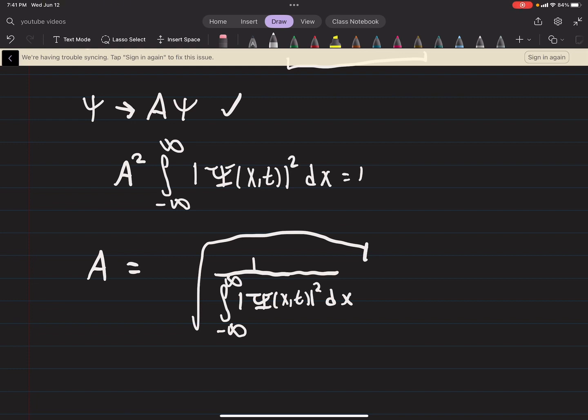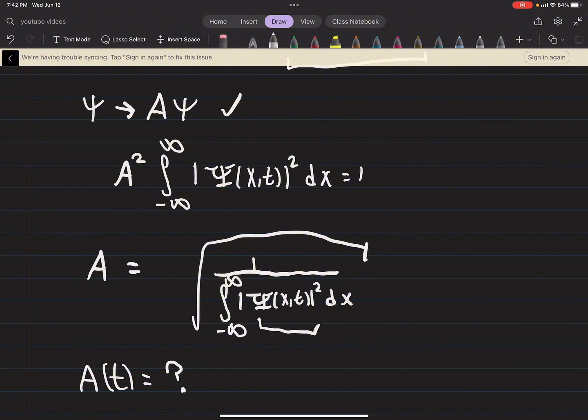Number two is, you might say, well, our wave function is a function of space and time. So when you integrate that, there's going to be some correspondence with time. It'll depend somewhat on time. So A is not really a constant anymore. A would be a function of time.